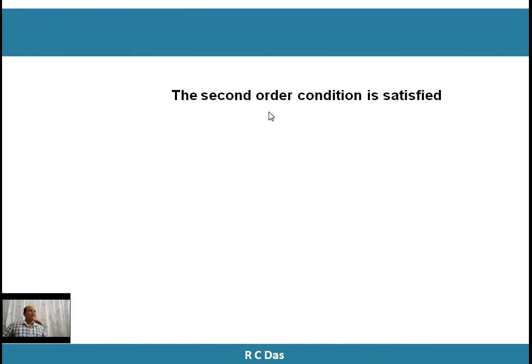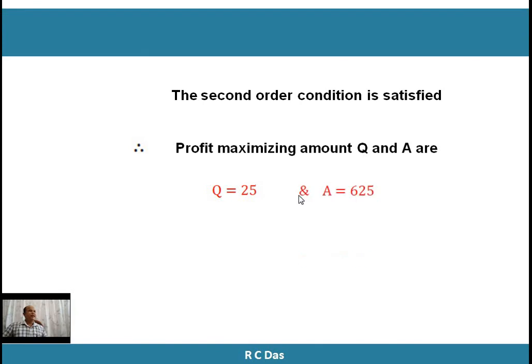Now the second order condition is satisfied. Therefore, the profit maximizing amounts of q and a are q equal to 25 and a equal to 625, and p is equal to 100 minus twice q plus root a, the price function.